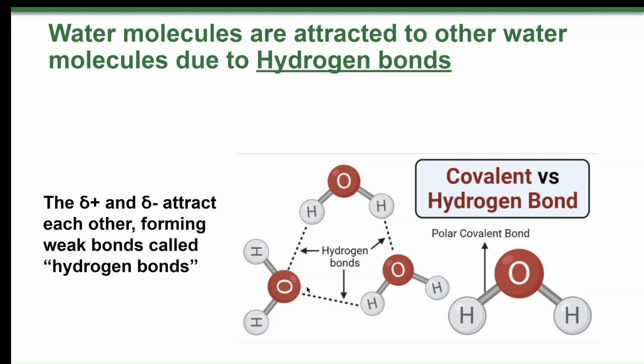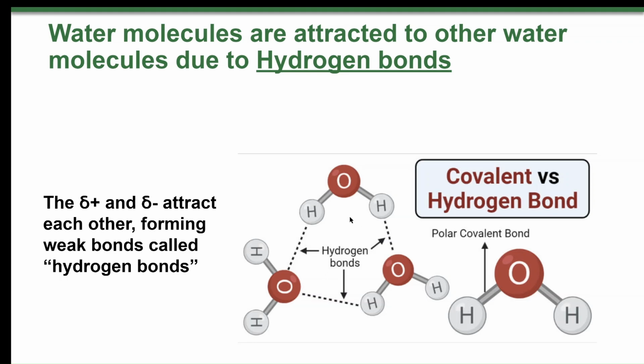These positive and negative charges want to balance out, and they will try to do that by forming these things called hydrogen bonds. So this water molecule on the far left can form a hydrogen bond with this water molecule, and that can form hydrogen bonds with this water molecule and this water molecule. Basically all these water molecules can form bonds with each other because of their positive and negative charges.